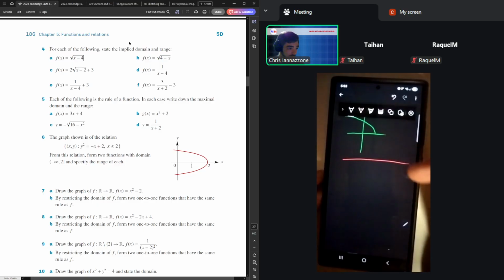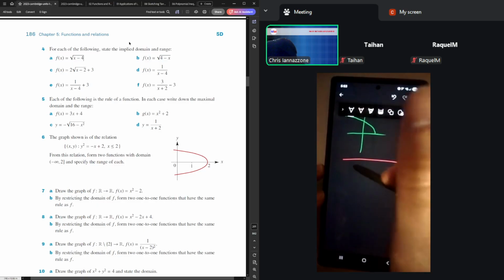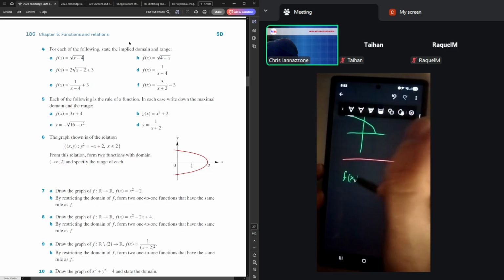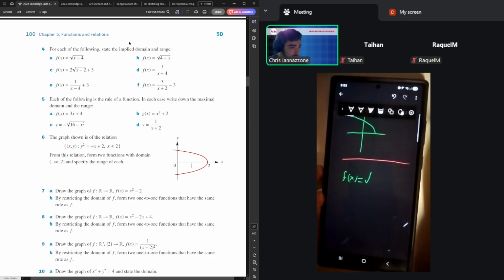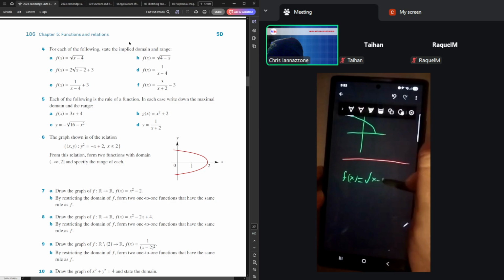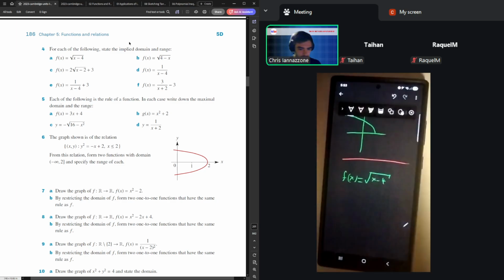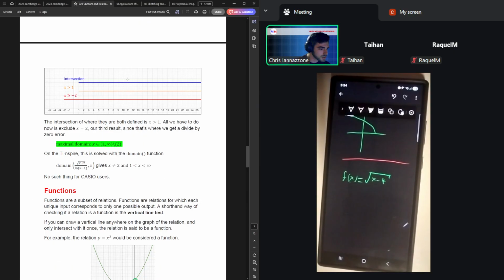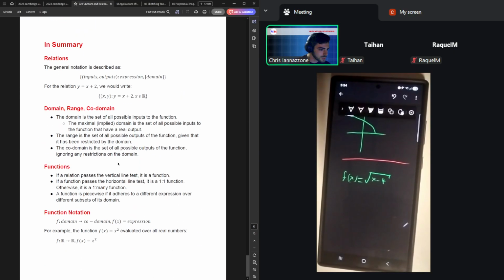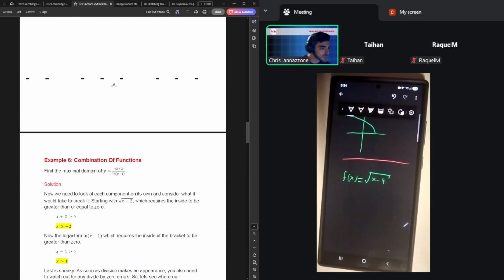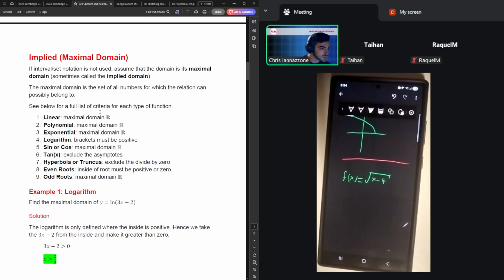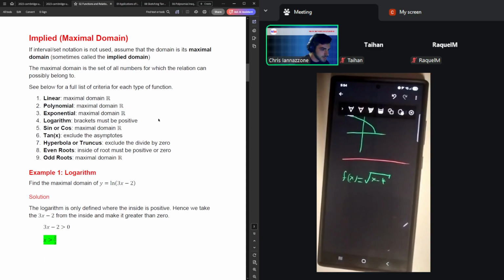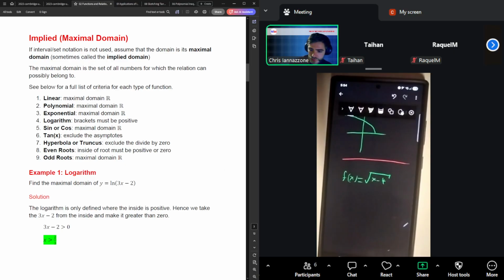Okay, so 4A, we've got f of x is equal to square root of x take 4. I'll have the little cheat sheet up for what's what. Oh, I didn't have that in the summary. I guess it's up here then instead. And I'll grab a screen cap of that as well. So that'll be dot point 8, right? The even root that we're dealing with.